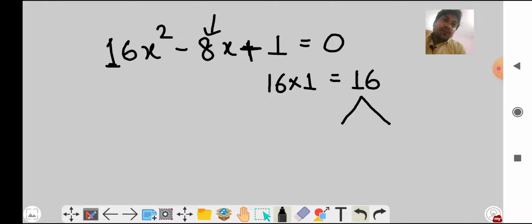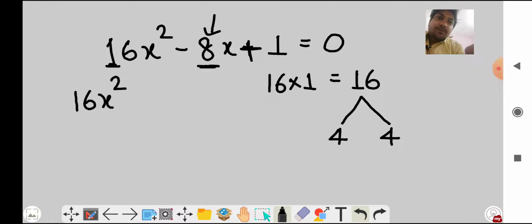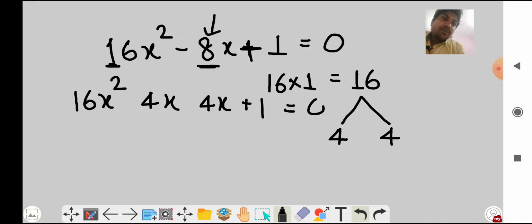So what are those? 4, 4. So here write 16x square 4x plus 1 equals to 0. Here we have to write minus 8x, so it will be minus 4x, right?